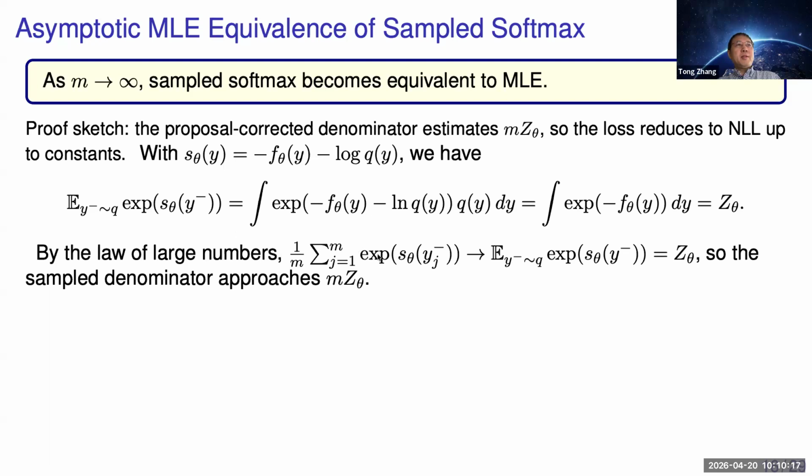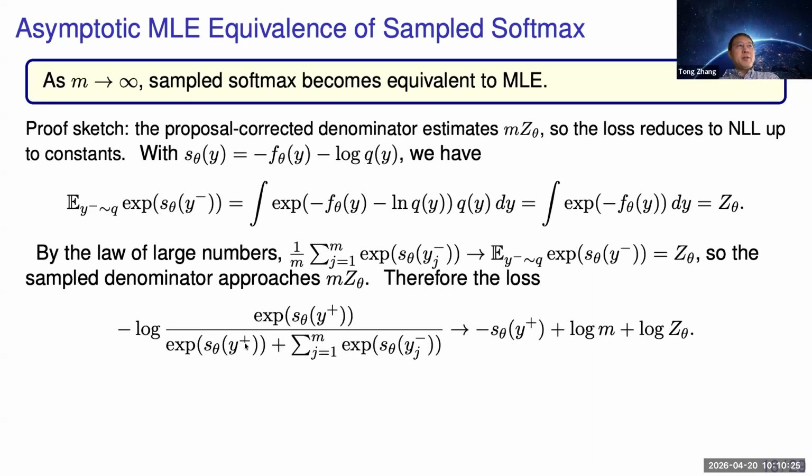Essentially, this goes to M Z theta. Basically, you can look at this loss function. This is your sampled softmax loss function, the contrastive loss. Given this term, it goes to minus this term, which comes from here.